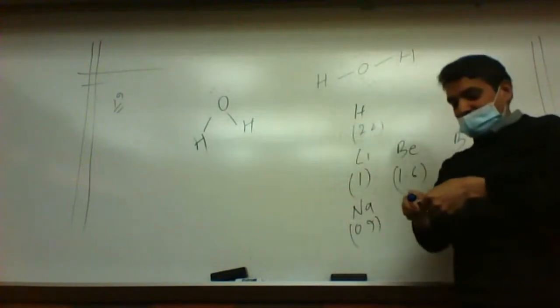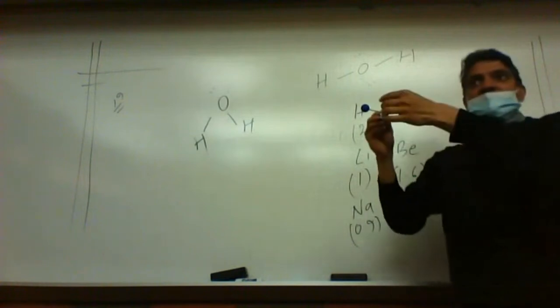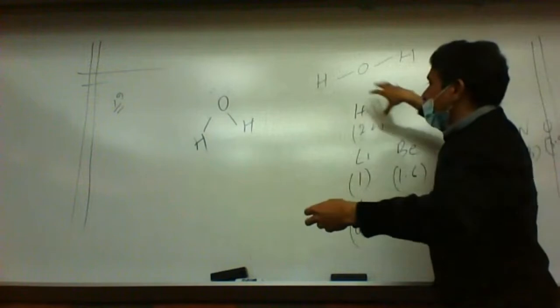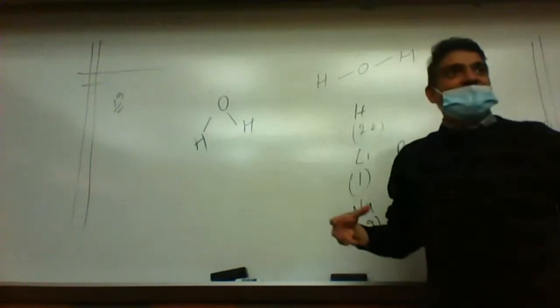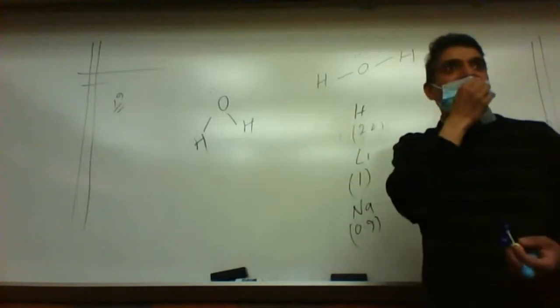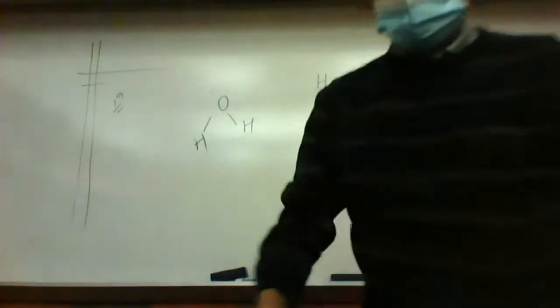Make sense? So if you look around the molecule, if things are symmetrically distributed, the molecule is non-polar. If things are unsymmetrically distributed, they are polar.